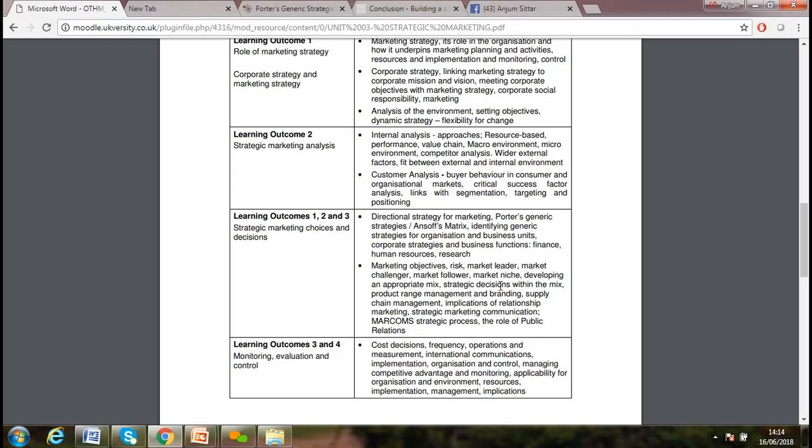We discussed brand and branding during our previous lesson. We discussed niche markets. We discussed market follower and leader. Our strategies need to be reflected with the organizational or corporate objective.